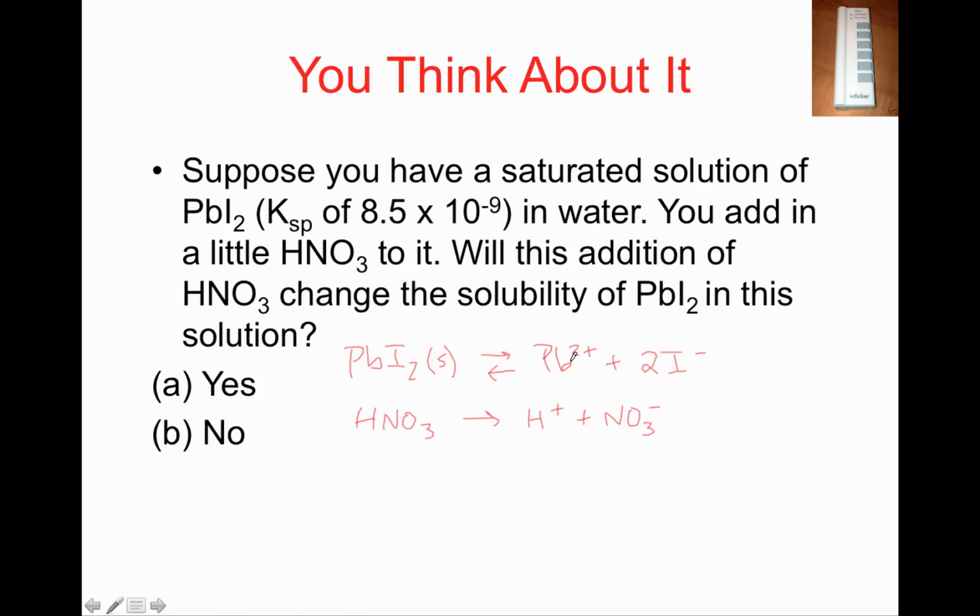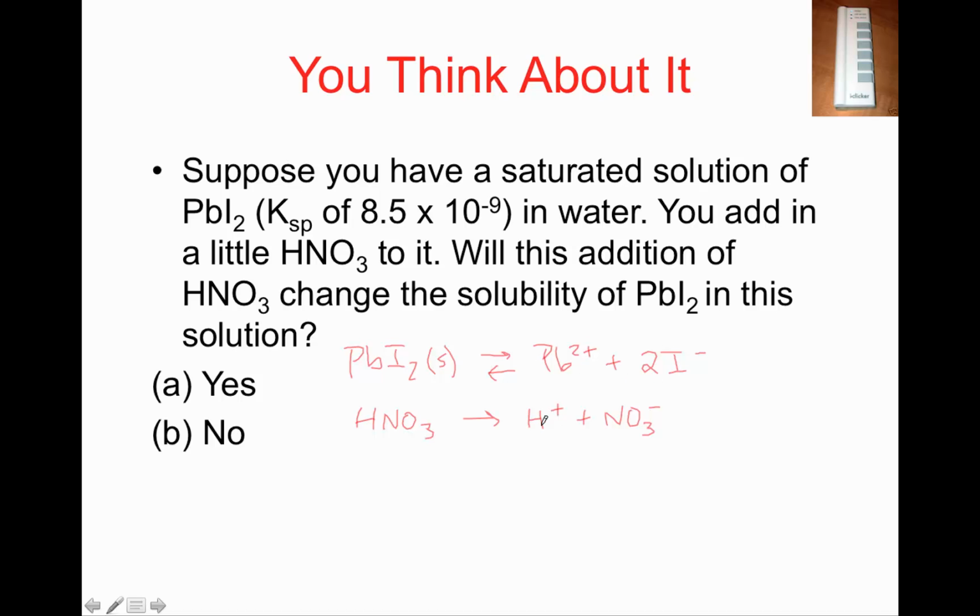They repel each other. But what about lead and nitrate? Do they interact? Is this in some way going to change the lead concentration, which would then change the equilibrium concentrations and cause either more or less of the lead iodide to dissolve? I think, and we know, the answer is no. Nitrate salts are freely soluble in water, so the nitrate is not going to change the lead concentration.